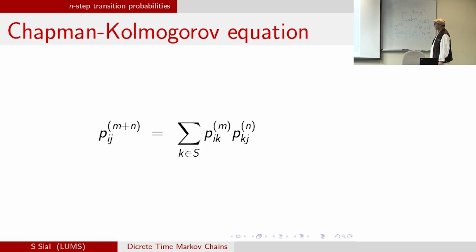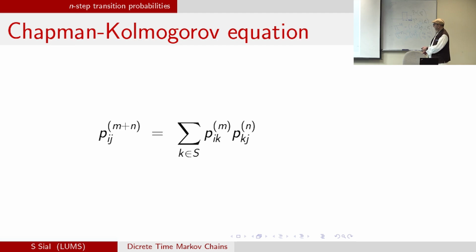Okay, so this idea in generality is called the Chapman-Kolmogorov equation. Okay, Kolmogorov was the great Soviet mathematician. Came out of the Moscow School of Mathematics.